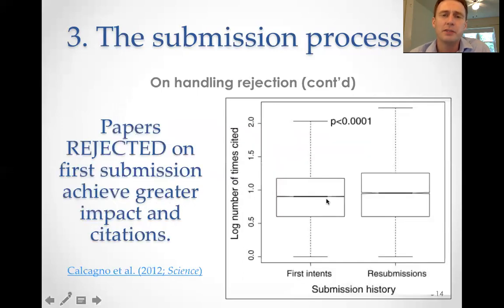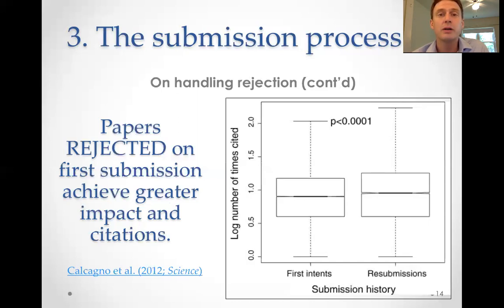And if it is initially rejected, you can also take heart knowing that papers that get rejected upon initial submission, but are then eventually published in other journals, achieve greater impact and are cited more often. So that's a little bit encouraging. My explanation for that is that most likely when a paper gets rejected initially, it receives all those comments from reviewers and editors, and then it's improved.